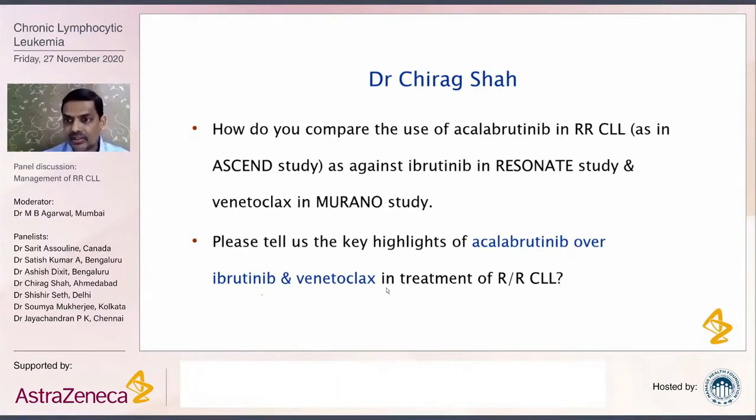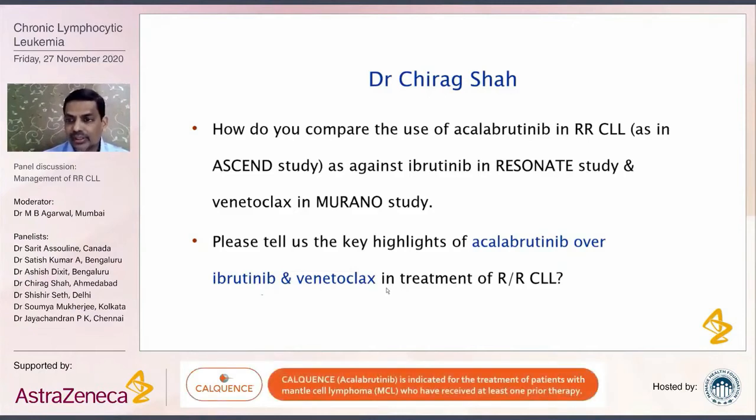At least in these studies, the AFib difference was not very big between RESONATE and ASCENT. Then the discontinuation rate has been considered bigger for ibrutinib due to side effects.